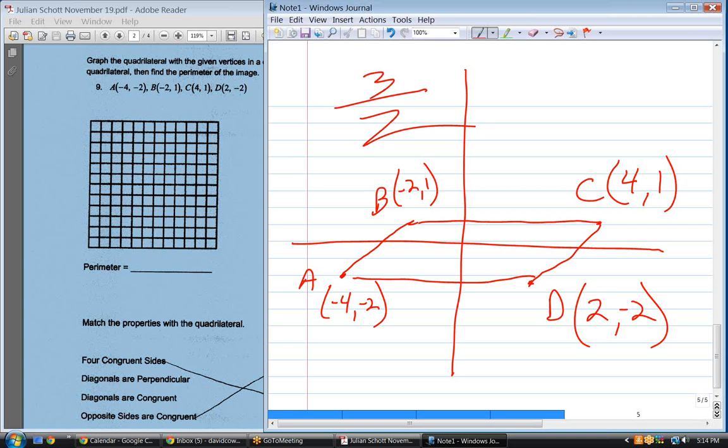Now let's look at the slope of CD. What's the difference in the y's? 3. What's the difference in the x's? 2. And we can see that it's positive, so that's also 3/2. So they do have the same slopes.